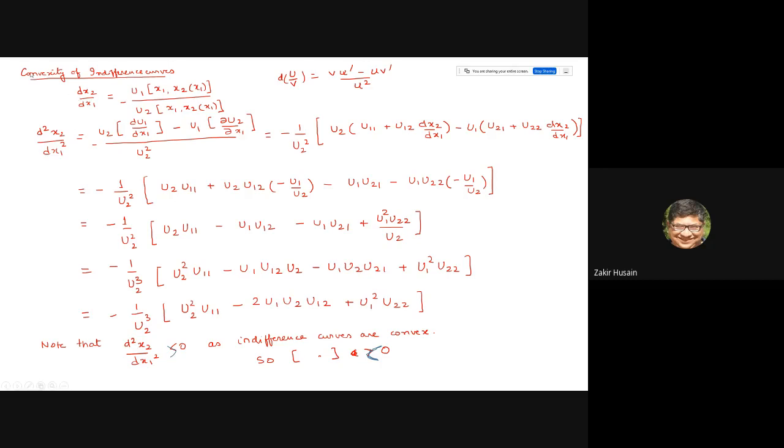Now, one of the assumptions of the convexity properties of indifference curves is that it is negatively sloped and convex to the origin. Now, this is the slope of the curve, and if we take the second derivative, we get the convexity part. Using this second derivative, we can show whether it is convex or concave.